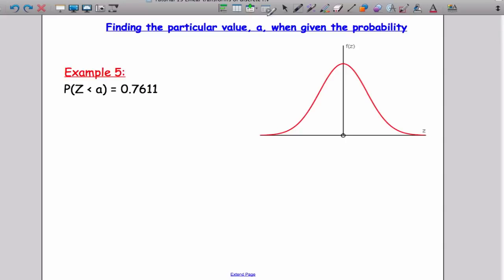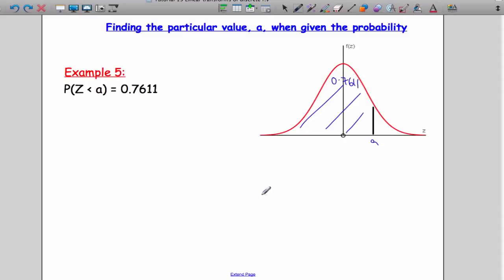So I'm given the probability that Z is less than A is equal to 0.7611. Remember, the total area under the curve is equal to 1. So 0.76 will be somewhere around here. So I'm looking for A. I know that this area in here is 0.7611.